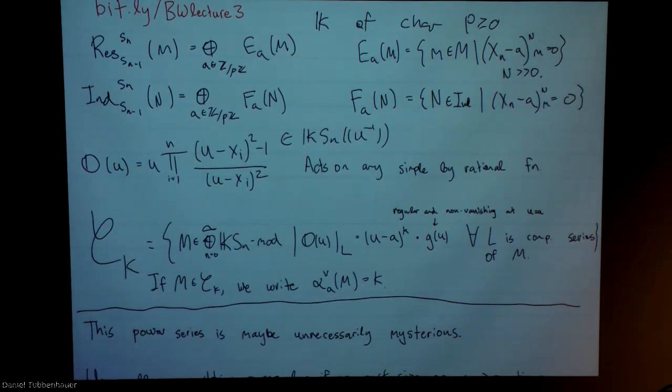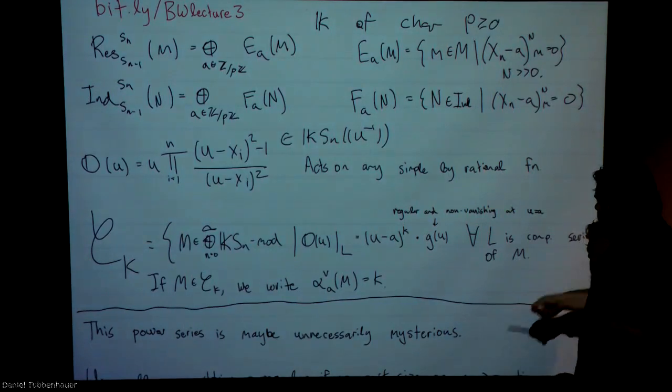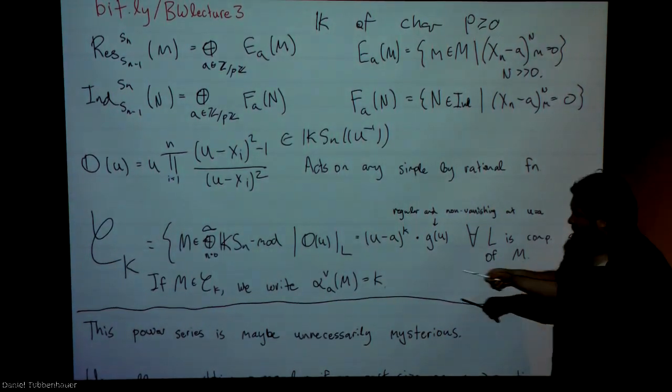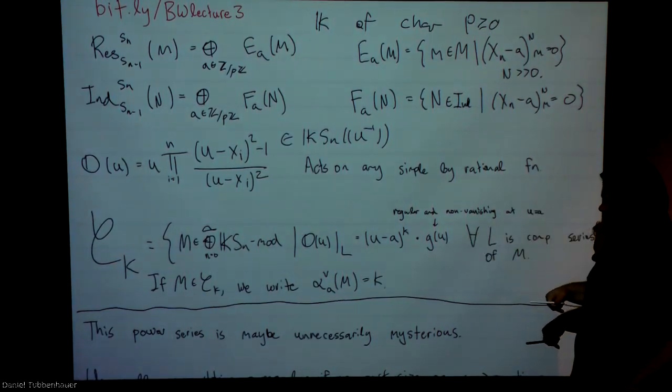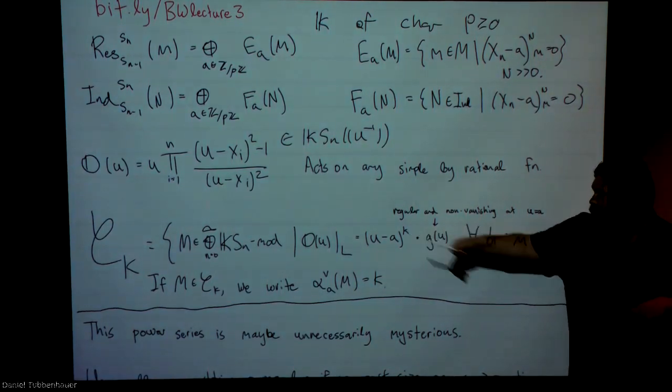This acts on any simple by a rational function valued in K, and the way to find the weight of something is, I look at all the simples in its composition series, and my rational function acts by a rational function with coefficients in the field, and I look at its order of vanishing at a, which, since it's a rational function, might be negative.